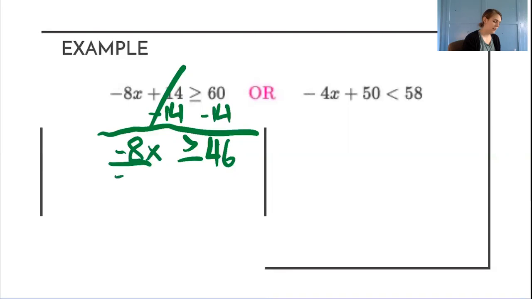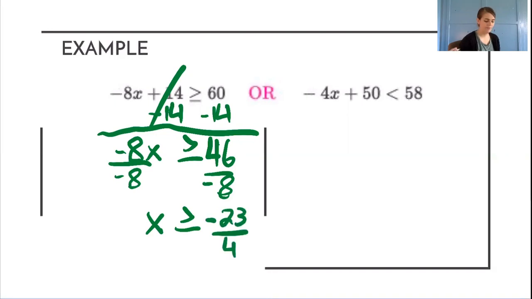I'll divide by negative 8. I have 46 over 8, or over negative 8. This reduces down. I can divide both of these by 2, and I get negative 23 over 4. So x is greater than or equal to negative 20.